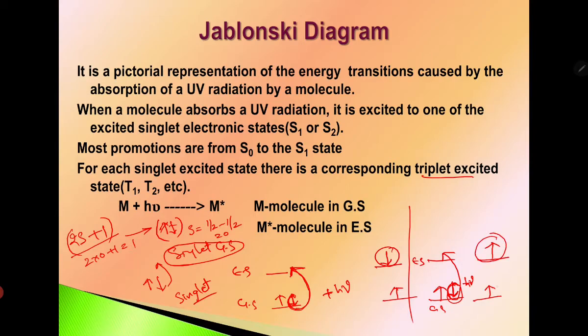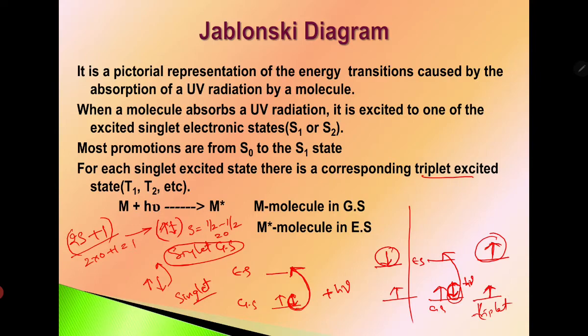If the electron has a different spin in the excited state from that of the ground state, it is called a triplet state. Here the two electrons have the same direction of spin, the upward direction and upward direction.